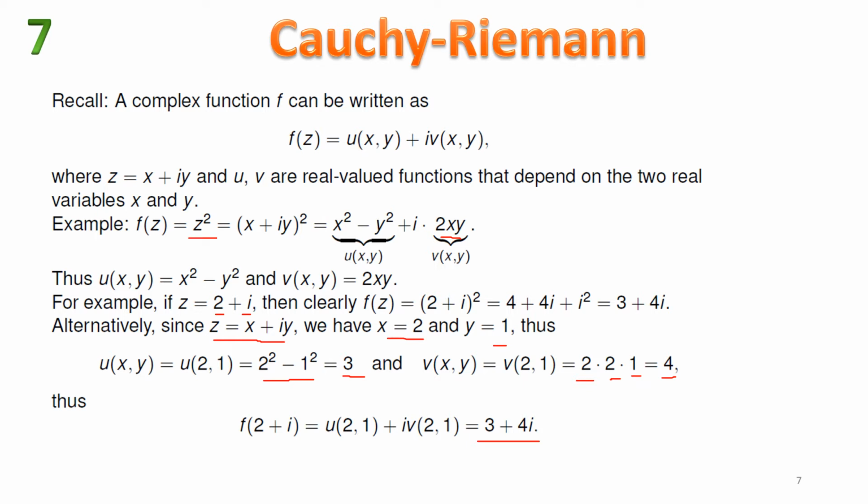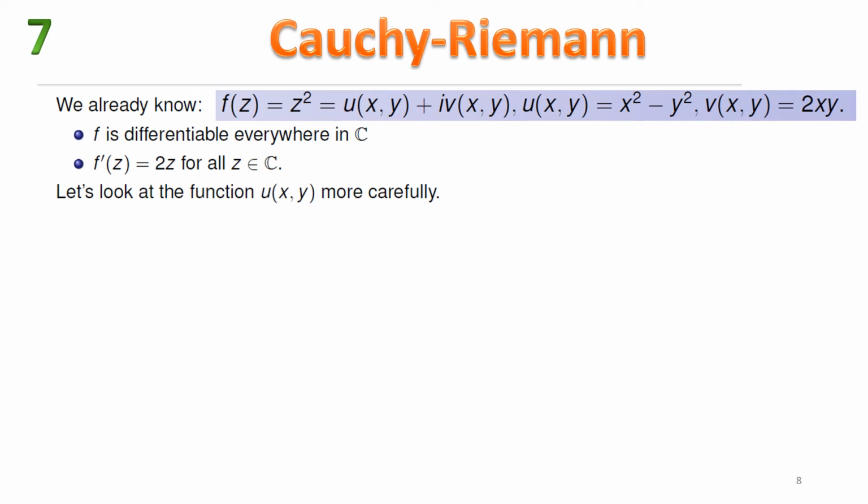Now in the recap, I have f of z is equal to z squared, which is u plus iv, and u is equal to x squared minus y squared, v is equal to twice xy. Now the function f is differentiable everywhere in the complex plane.